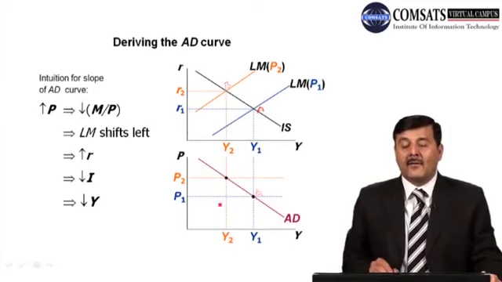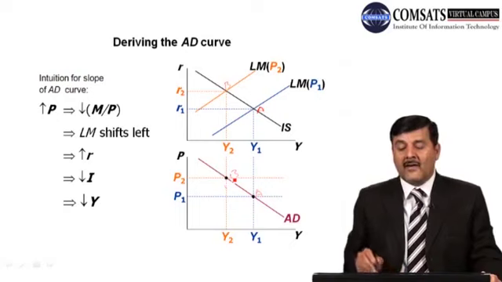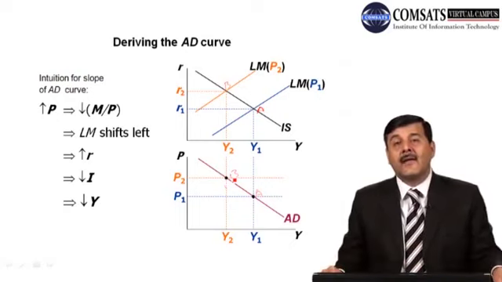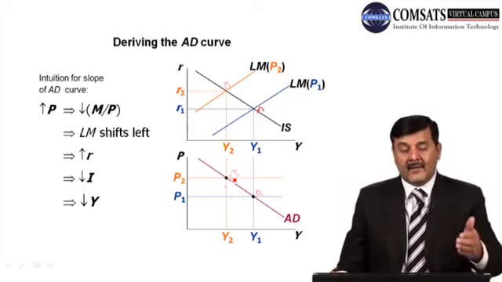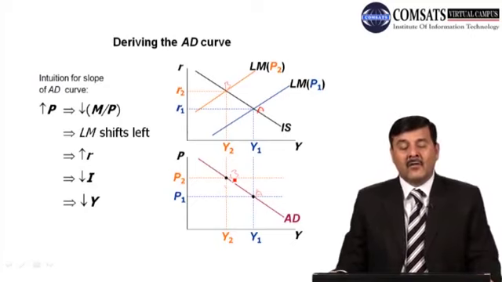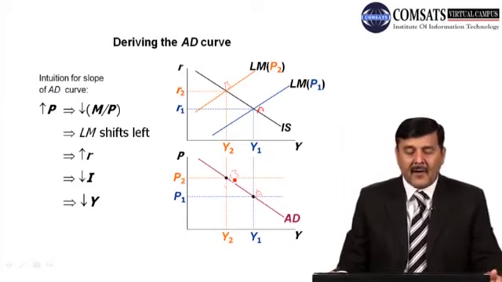Now when prices go up, output does decrease. So corresponding to this point, we have another point, point B. Now if we combine these two points, we get an aggregate demand curve. If you look at the left hand side of this slide, the detail is given. Initially prices go up, M over P goes down, and the LM curve shifts leftwards.